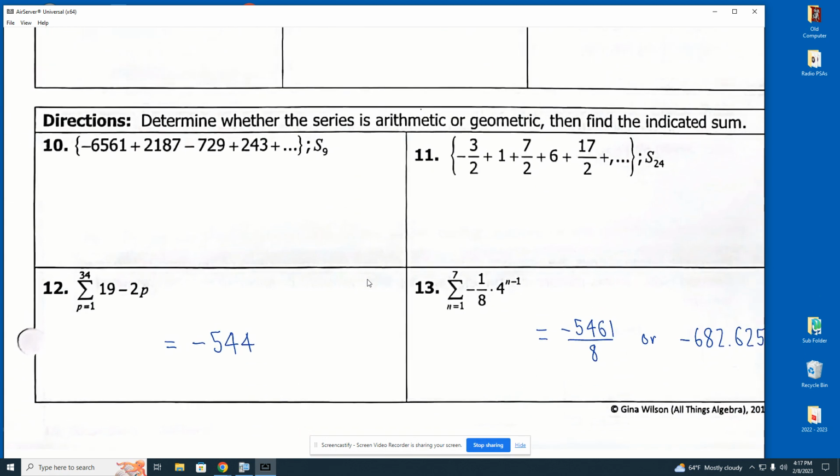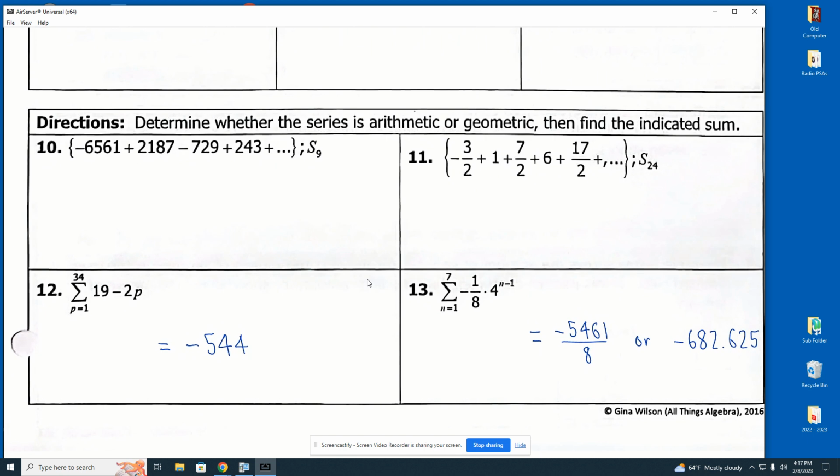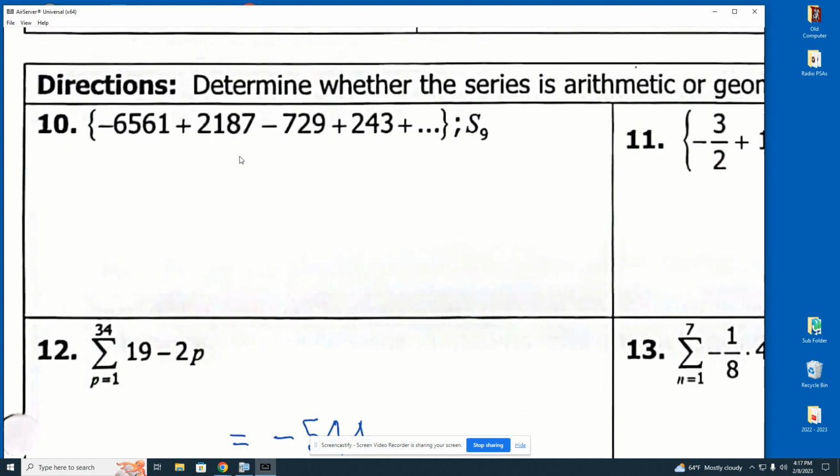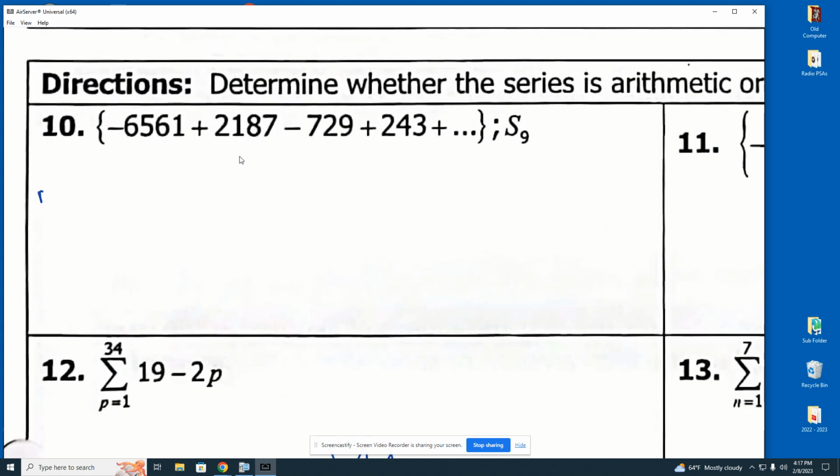As you can see, number 12 and 13, no reason to spend any time on those. But I do want to do number 10 and 11 with you. So I look at this and I see negative to positive to negative to positive. So once again, the only thing this could be is geometric. It has to be geometric. So I take 2187 and I divide that by negative 6561.